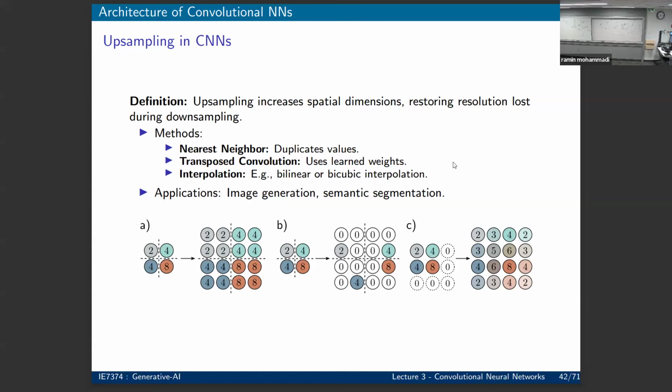You can do nearest neighbors. And then you have something like this, which is basically interpolation. So there are different ways that you can upsample, going back from downsampling to upsampling.